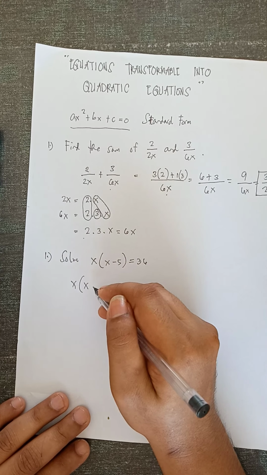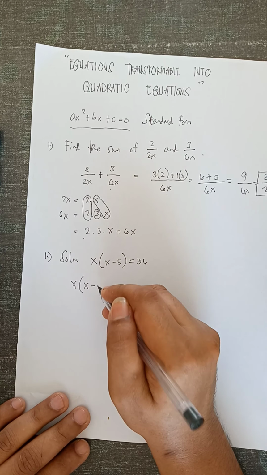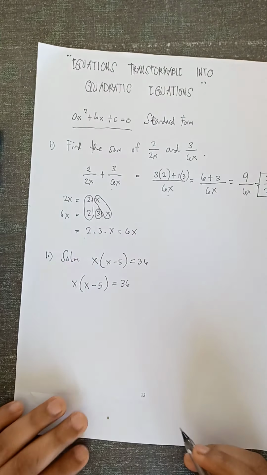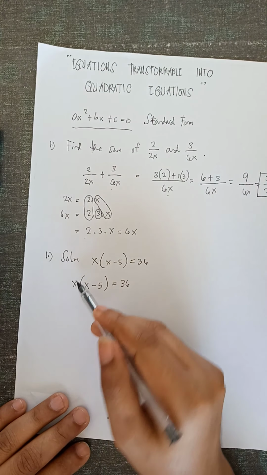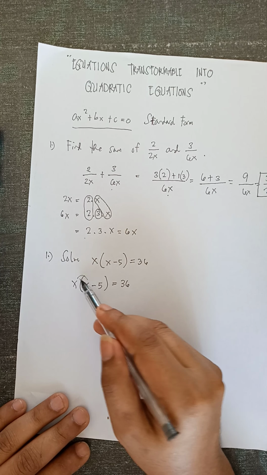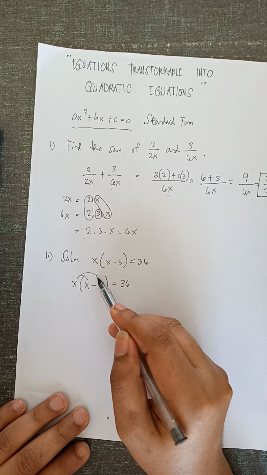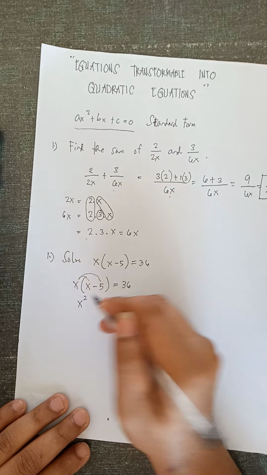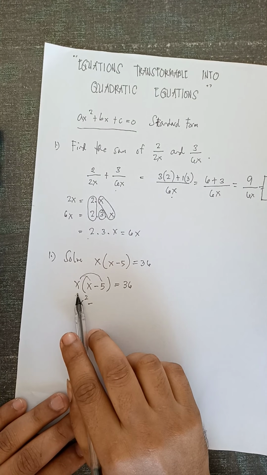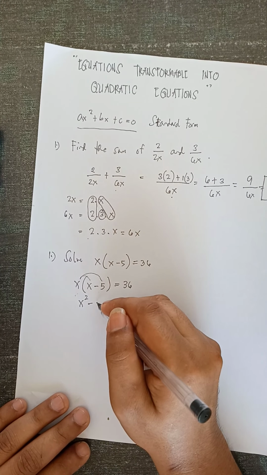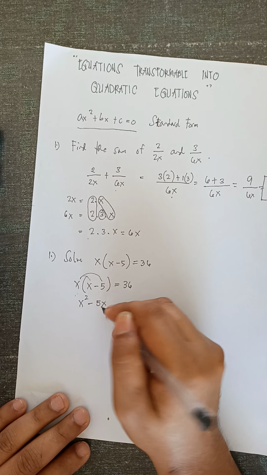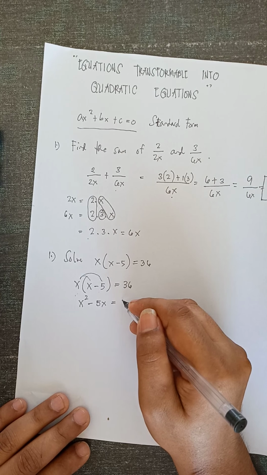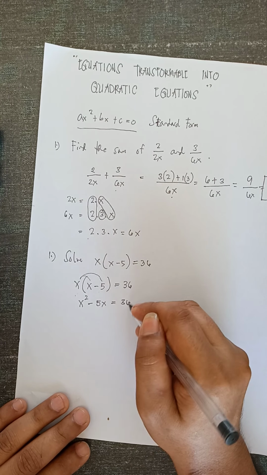We have x times x minus 5 equals 36. Using the distributive property, we multiply x to the first term as well as to the second term. So we have x times x, x squared, minus x times negative 5, we have negative 5x equals 36.